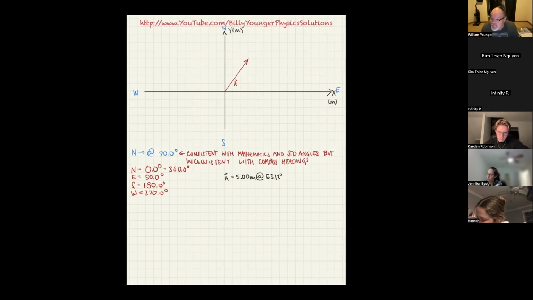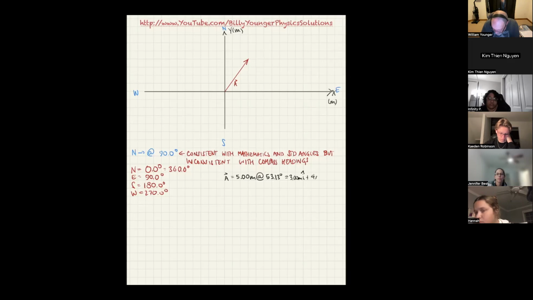Now, in terms of those fancy little i hats and j hats, again, I'm not covering that yet, but I'll just show you quickly how this could be written using that, and it makes life a lot easier. That would be 3.00 meters i hat plus 4.00 meters j hat. That's a way I could express A.